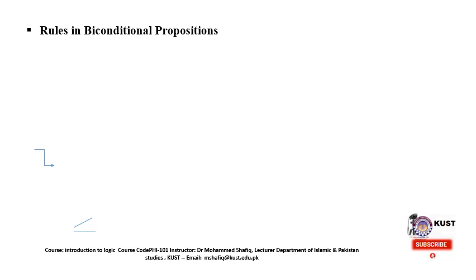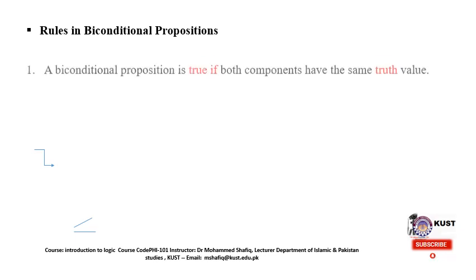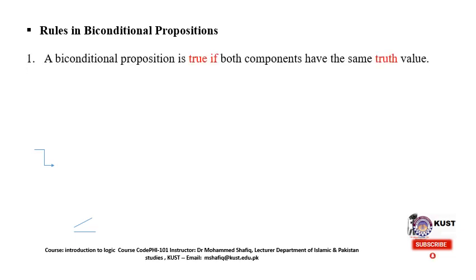Therefore, it is very important to understand the meaning of these statements. In this case, we'll look at the truth table for each and why it comes out the way it does. So let's have a look at the rules for this biconditional proposition.